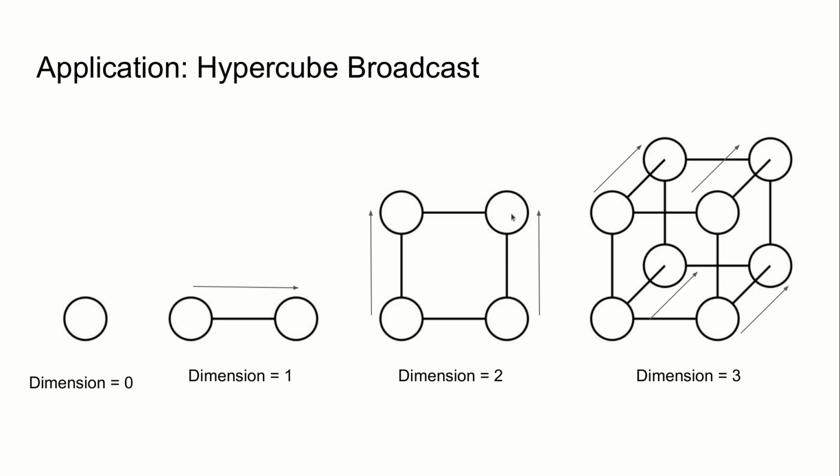So we have another dimension here, and with the same pattern we have dimension 3. Basically, each process here will send a message to another face of this cube, and then we can think about a for loop, from 0 to 3 dimensions, and then we get a Hypercube broadcast.